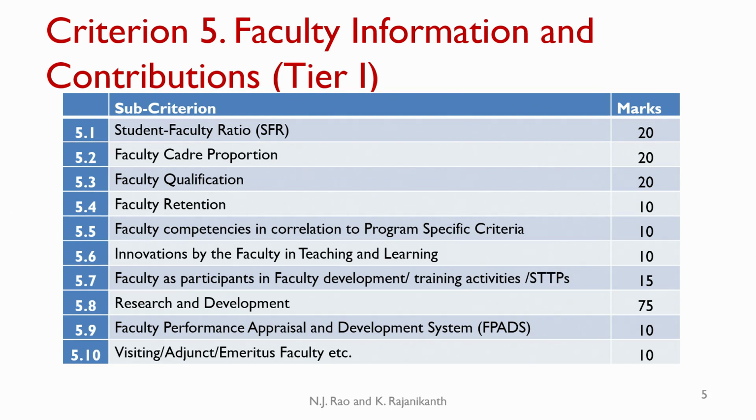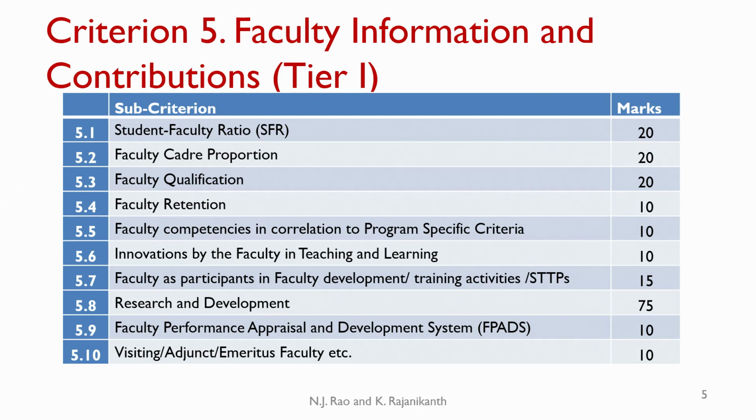Innovations by the faculty in teaching and learning 10 marks, faculty as participants in faculty development and training activities is 15 marks. The major difference between the Tier 1 and Tier 2 institution is research and development, which has 75 marks for Tier 1 institution, whereas it is 30 marks in the case of Tier 2 institution.